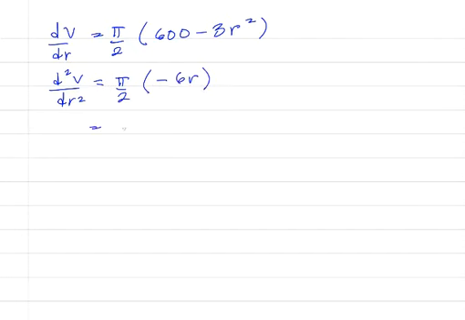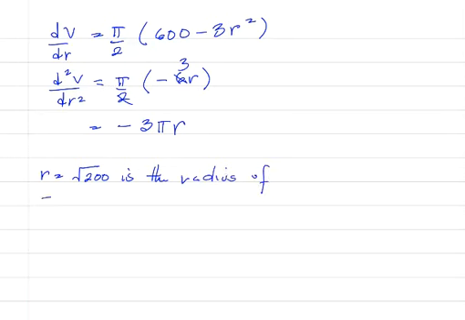So this is equal to minus 3 pi r. This is negative. If it's negative, it means that r equal to the root of 200 is the radius of the cylinder of maximum volume.